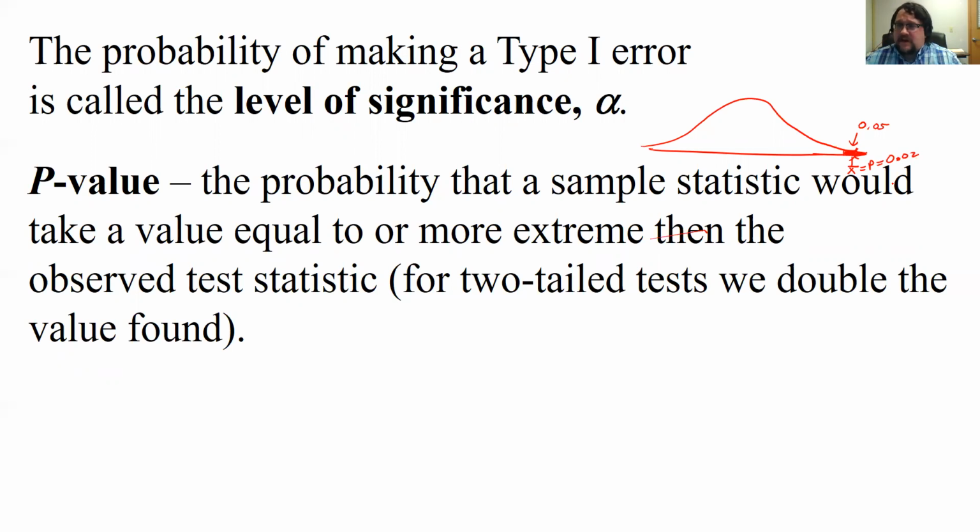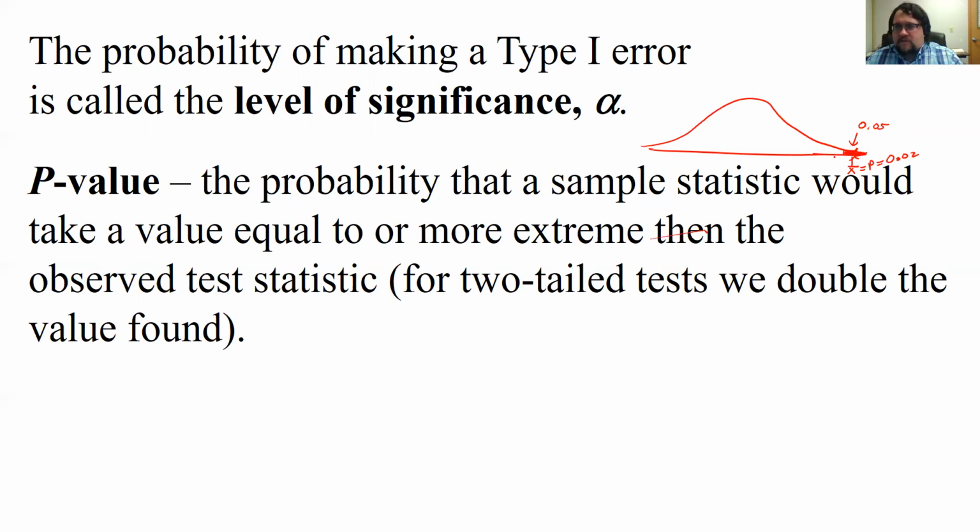I'm willing to take that chance that you would get 2% or higher in just a normal, lucky sample. The chance you would get that far out is only 2%. Well, that's much lower than the 5% I set. So we're willing to make that change because it is really unlikely that you got out there.